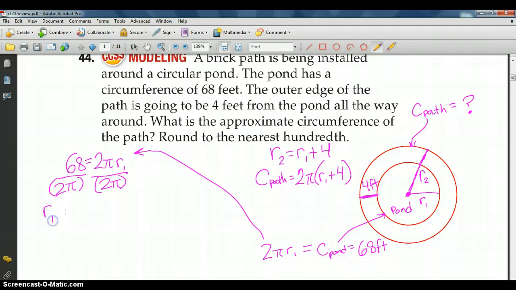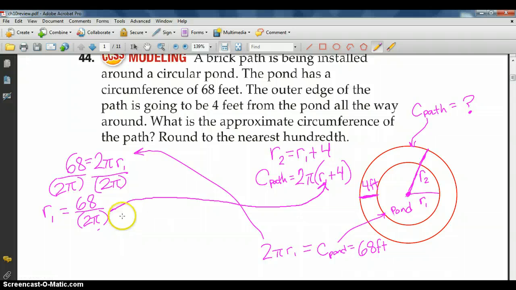And now we have an expression for radius 1, or the radius of the pond. Notice that I didn't get a decimal approximation yet, because I've got some other calculations to do first. So from here I can take this expression and substitute in for radius 1 back here, and that will give me the circumference of the path.